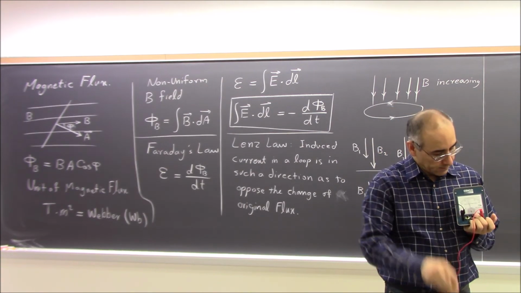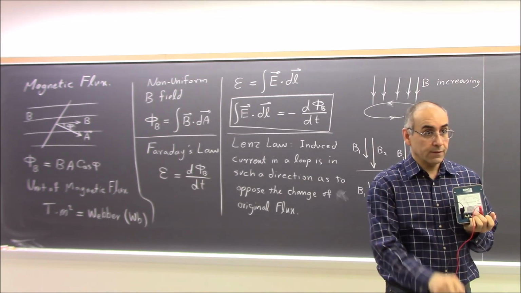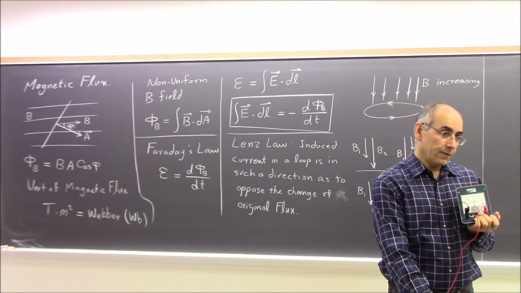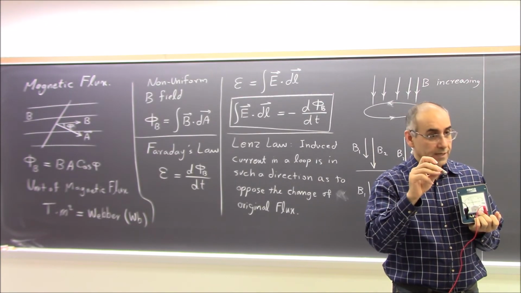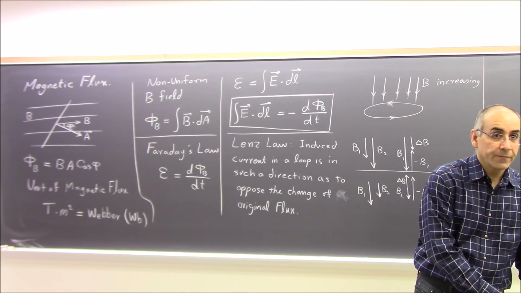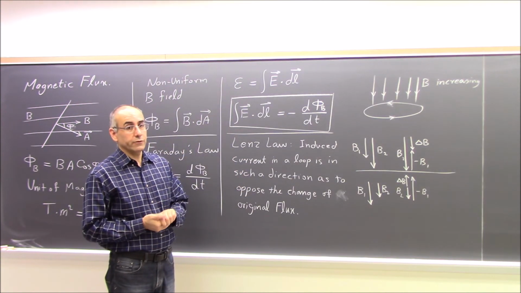See? This way goes that way, it goes the other way, right? Or if you flip the magnet, you go this way, go that way, go back the other way. So that's Lenz's law. So in order to see which direction the current is, we have to use that.